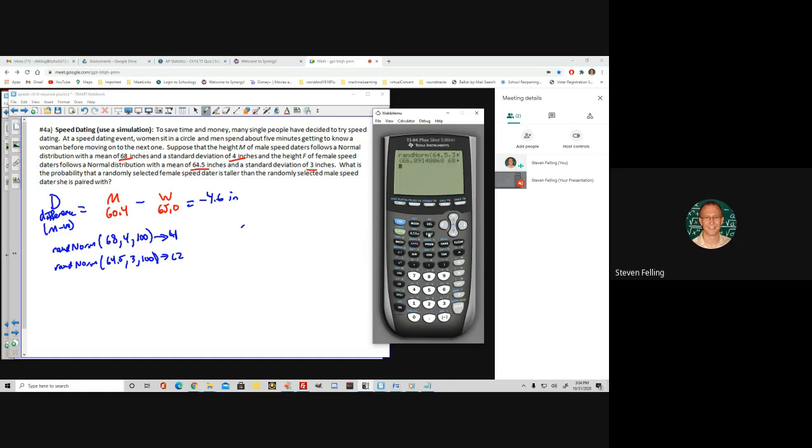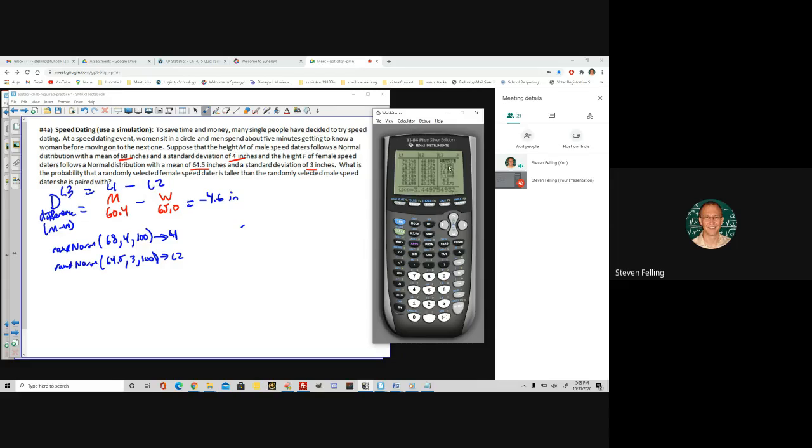Now if I go look at my lists, I've got a separate list for the women. Since I'm interested in the differences, I'm going to make list 3 equal to list 1 minus list 2 to calculate the differences. So I scroll over to list 3, make sure it's blank, highlight the name, and then put second 1 minus second 2 to simulate all those differences.